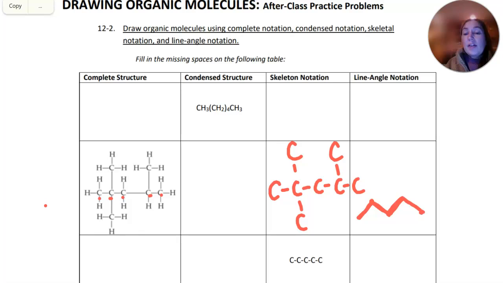Then I should have a group coming up from the second carbon, it's like the first intersection, but it's the second carbon. And I'm going to do a group coming down from that one. And then I'm going to skip over to carbon 4 here and do a group coming up. So at carbon 4, it's like the third intersection or the fourth carbon in my chain.